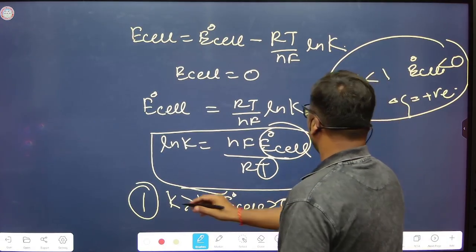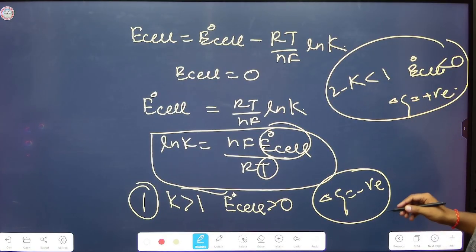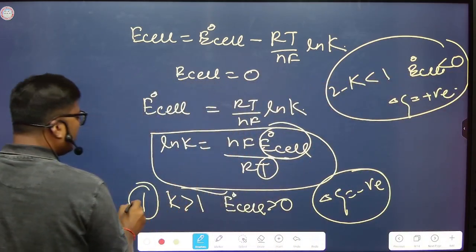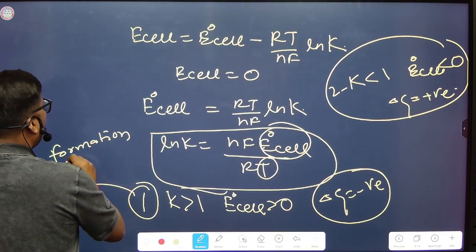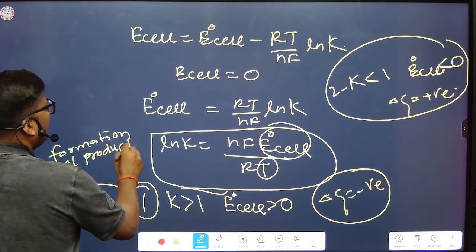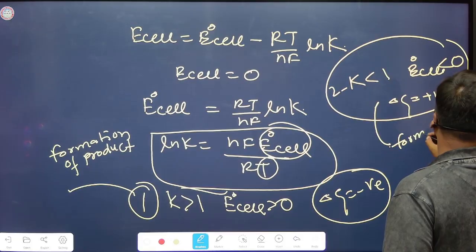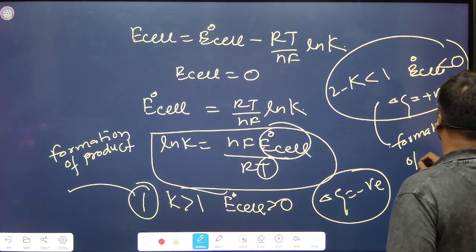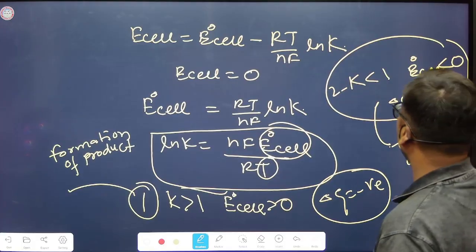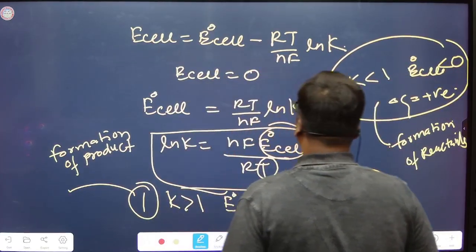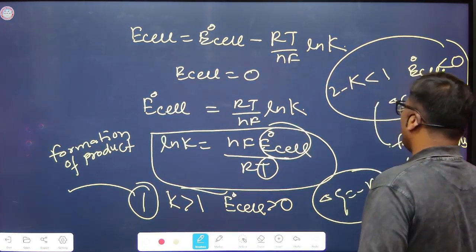So this favors a spontaneous reaction and formation of product, and this favors a non-spontaneous reaction and formation of reactants. So this is the way by which we can show the value of the equilibrium constant.